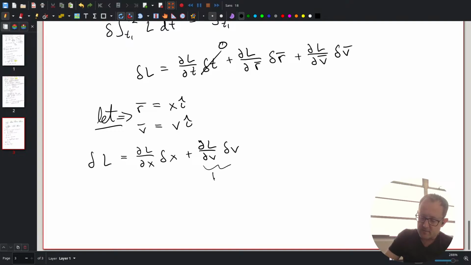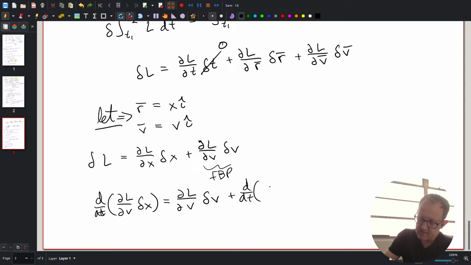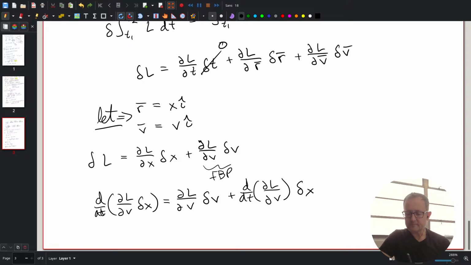I can do integration by parts here and say d/dt of dL/dv times delta x is dL/dv times delta v plus d/dt of dL/dv times delta x.